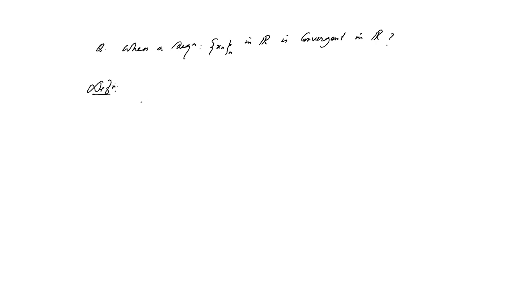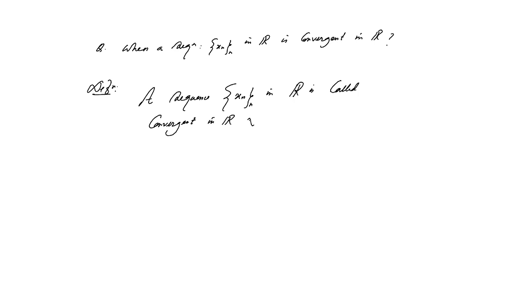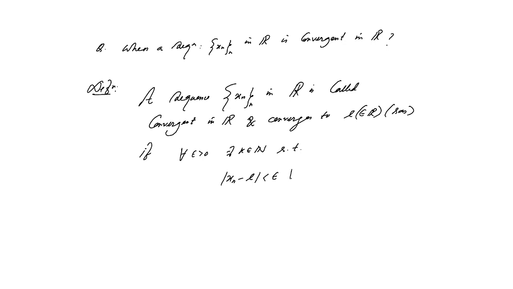A sequence xn in R is called convergent in R and converges to some L belongs to real number, say, if for all epsilon greater than 0, there exists a natural number k belongs to n such that mod of xn minus L is less than epsilon for all n greater than or equal to k.